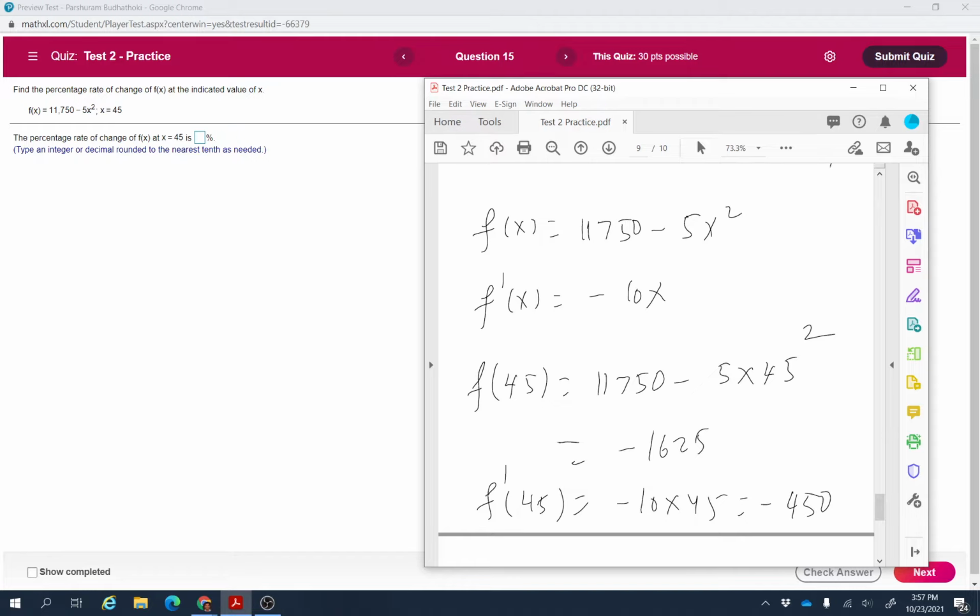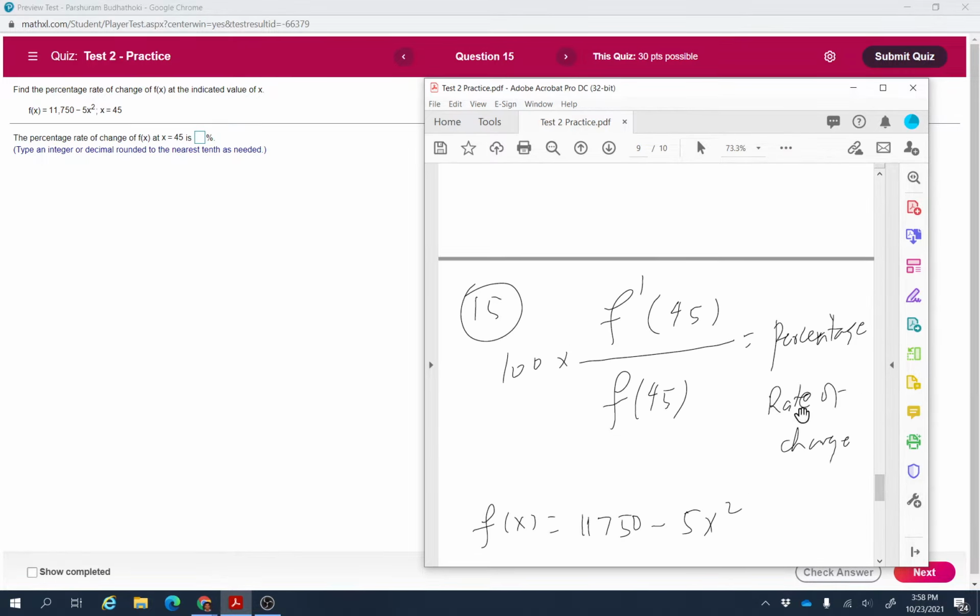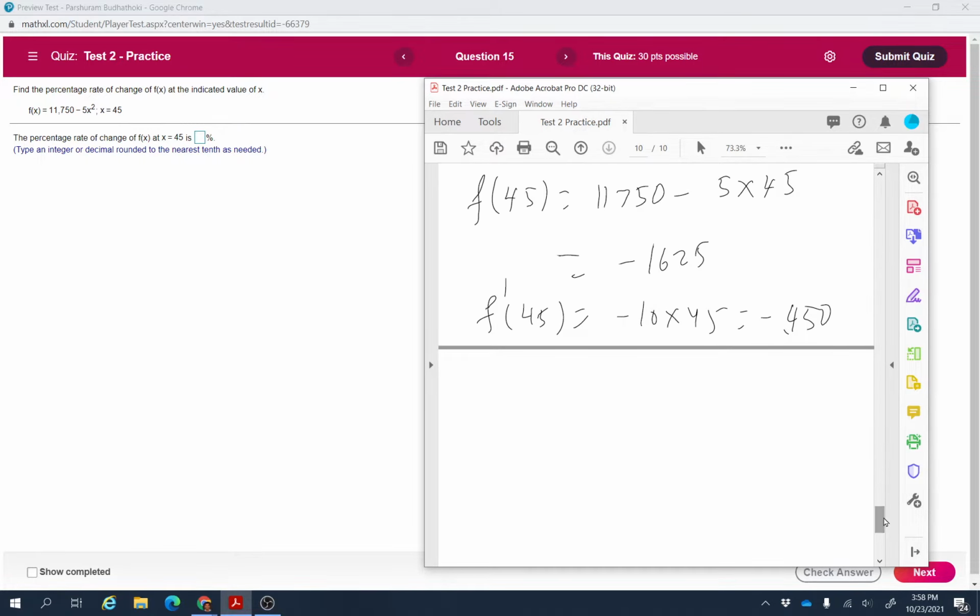So if you divide this negative 450 by negative 1625, meaning if you use this formula, that means it will be 100 times negative 450 divided by negative 1625. Let me just do that here, 450 divided by 1625 and times it by 100.